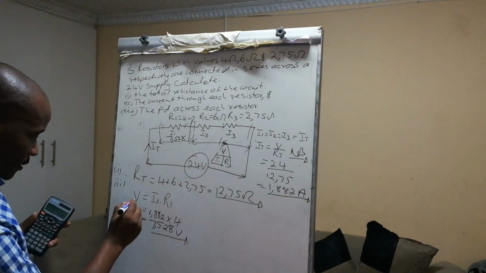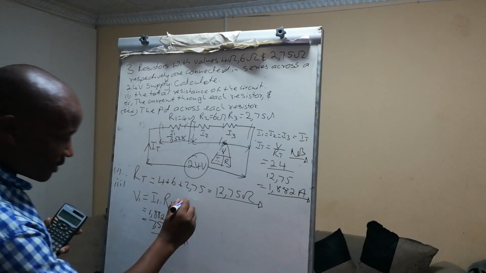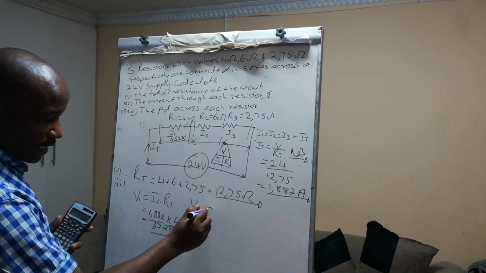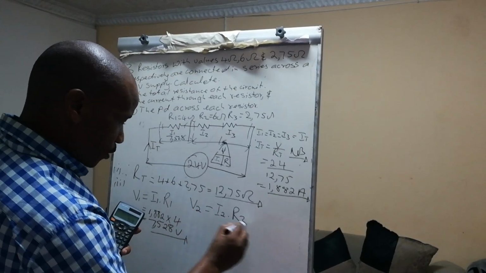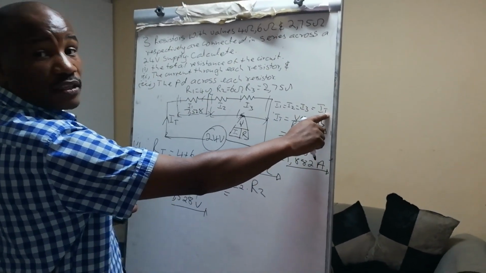And then what? This is the voltage drop across the first resistor. Let's calculate the voltage drop across the second resistor. And it's equal to what? I2 multiplied by R2. This I2, everything is the same.